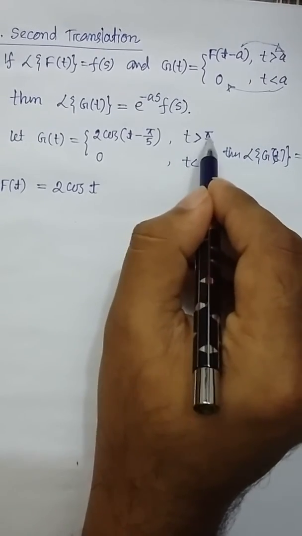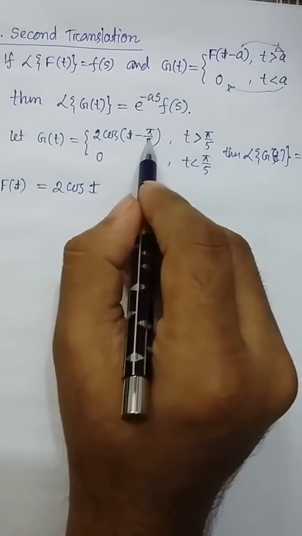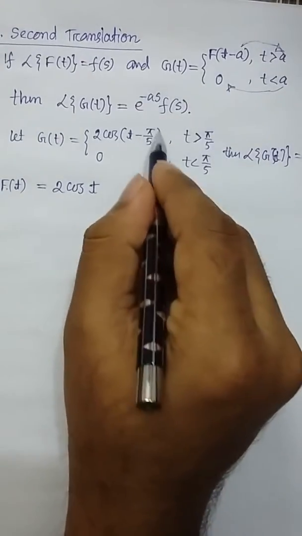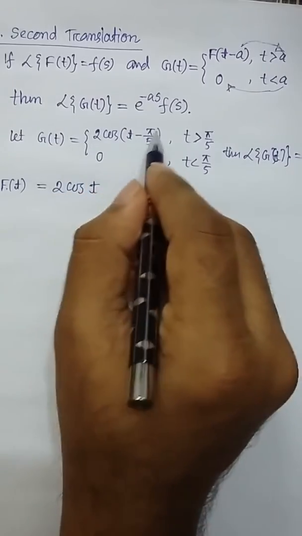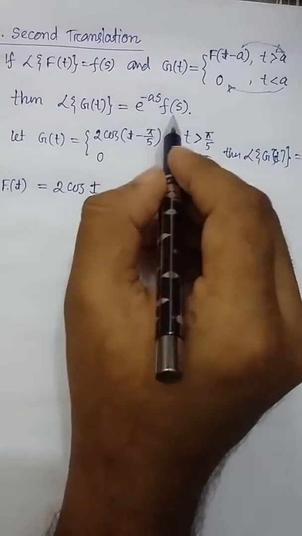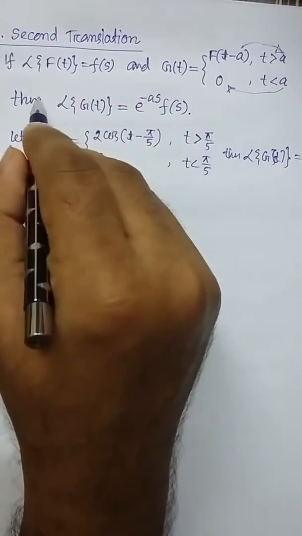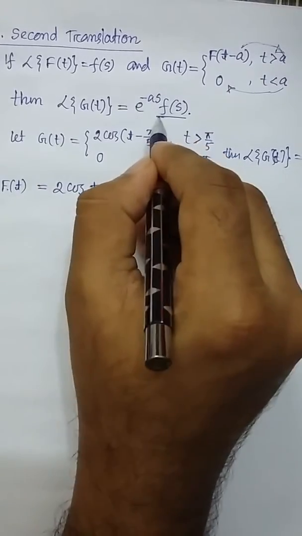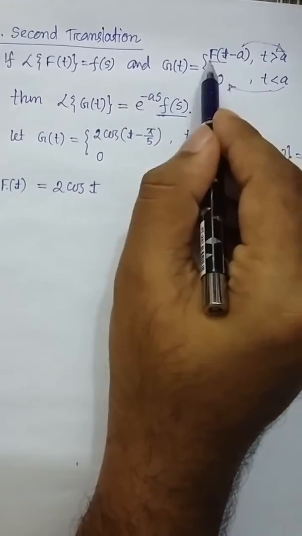Here the condition is given over pi by 5, so we write f of t skipping pi by 5. To apply the property, we need f of s, and f of s will come from f of t.